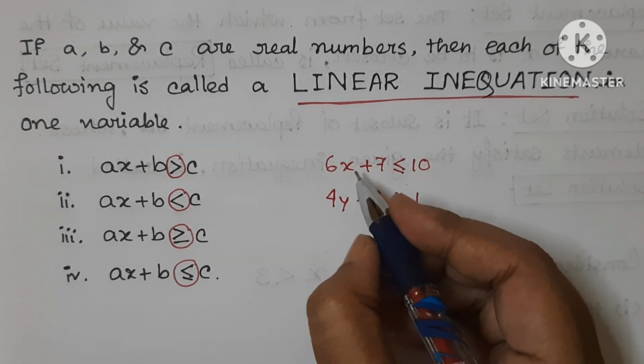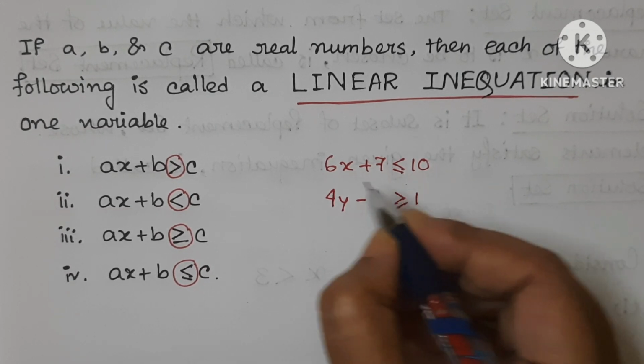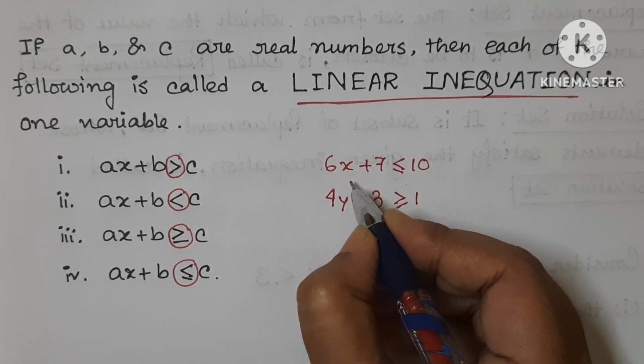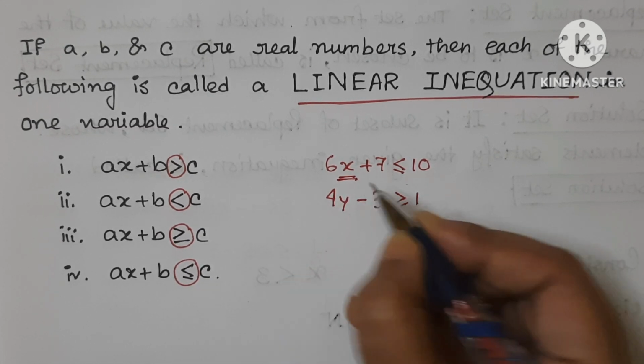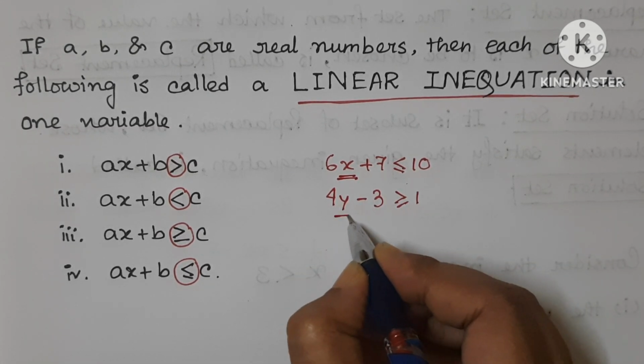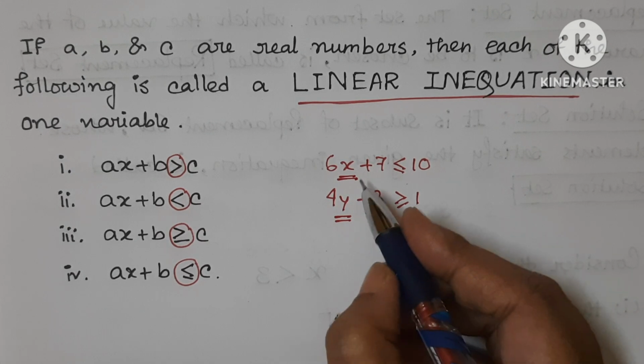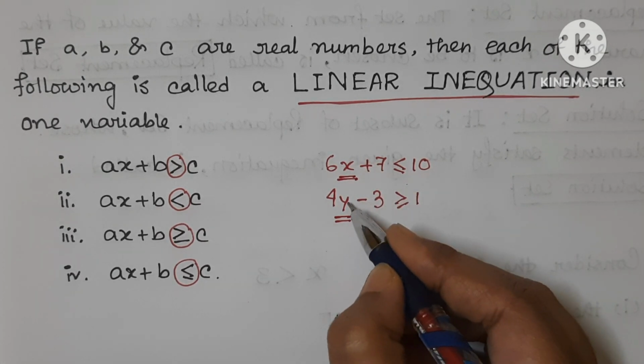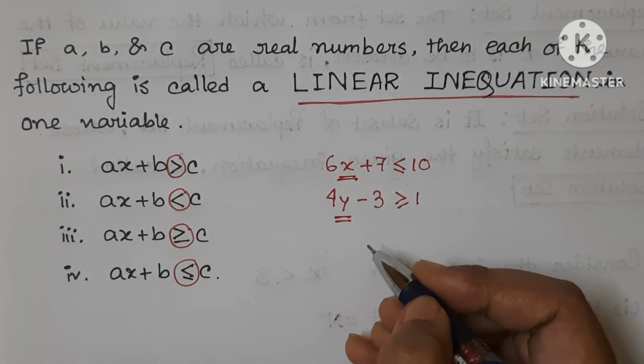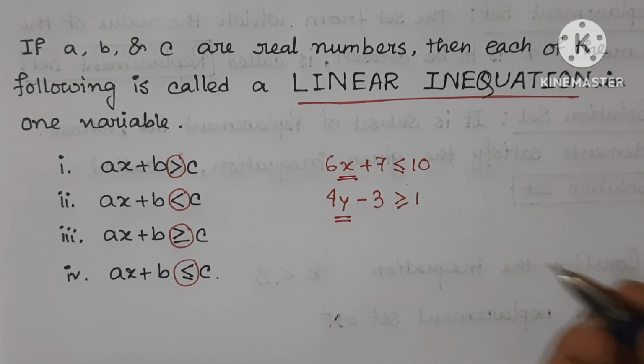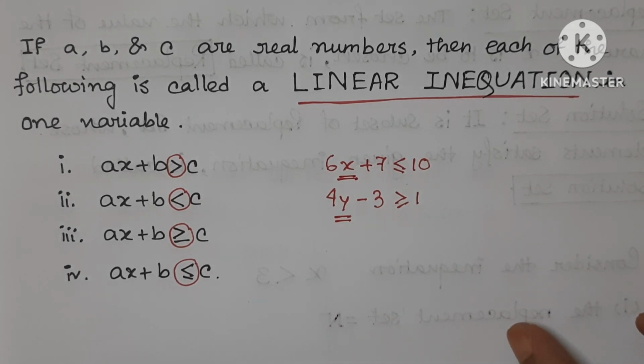In the first example there is one variable, x is the only variable, and here y is the only variable, and the power of x is 1 and the power of y is also 1. So these are examples of linear inequation.